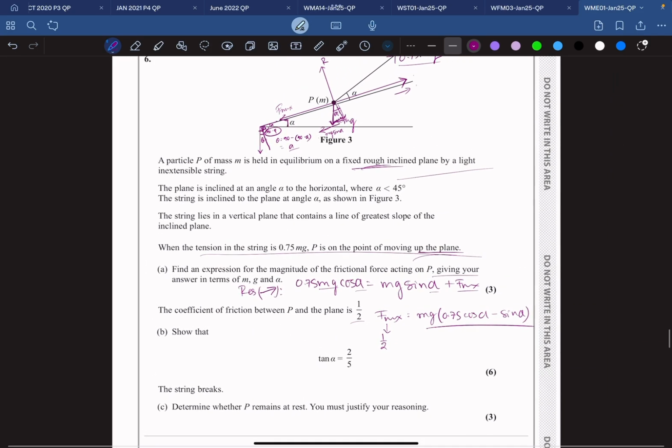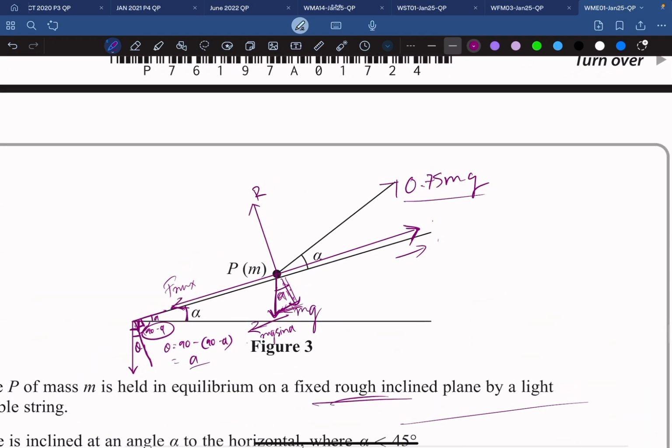Okay, now to find R, we can simply say it's just mg cos alpha, right? No. It is only when you just have a particle resting here, and it could be moving, but when no other forces are acting on it. Only these two, and maybe some forces in the horizontal direction that won't affect the reaction force.